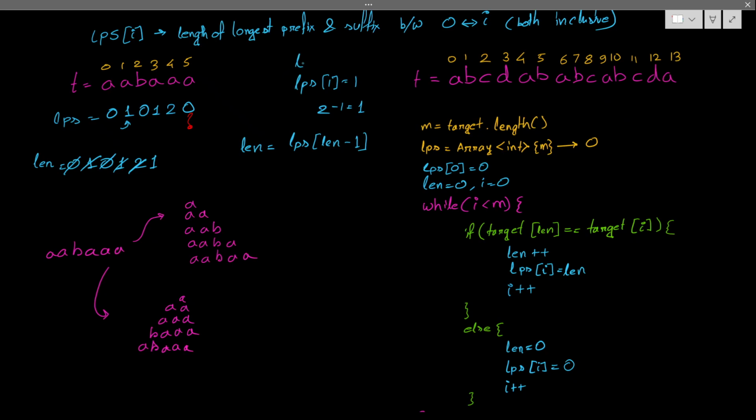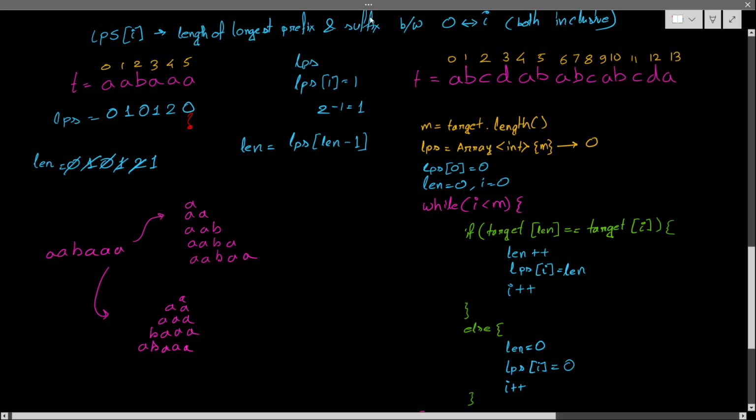If LPS of 1 is pointing to 0, then I should take the 0th index, the index it is pointing to. So length will be updated. We cannot directly do length equals to length minus 1. We have to do length equals to LPS of length minus 1. Why LPS of length minus 1?